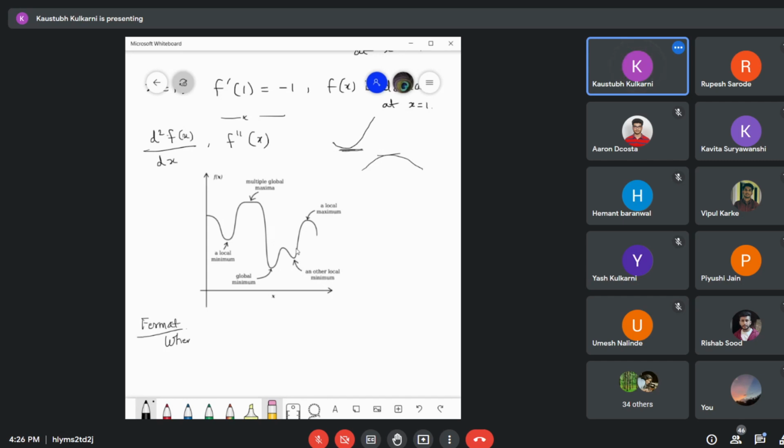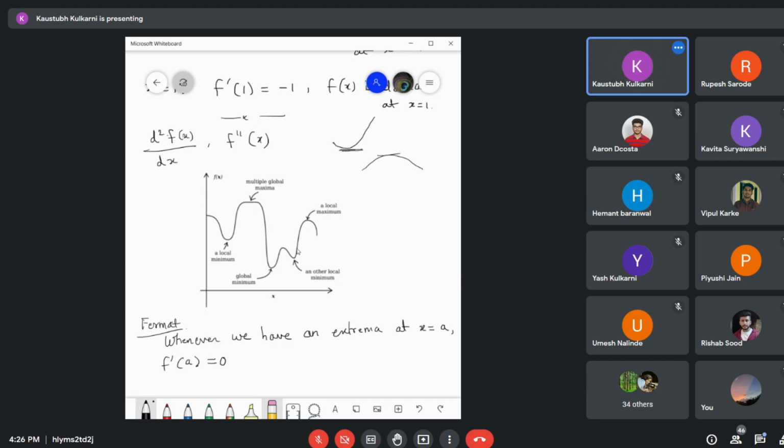Whenever we have an extrema at x equal to a, f dash of a will be 0. This is a result, you can call it a theorem.